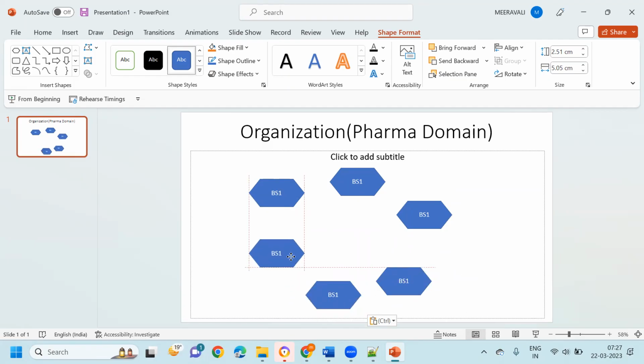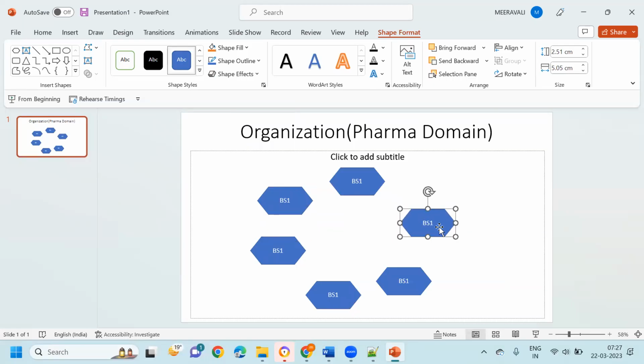I'm giving you only some here, whereas in real time we can see n number of business systems. So you need to remember, an organization is not a single entity. It may contain multiple business systems, more than one business system.